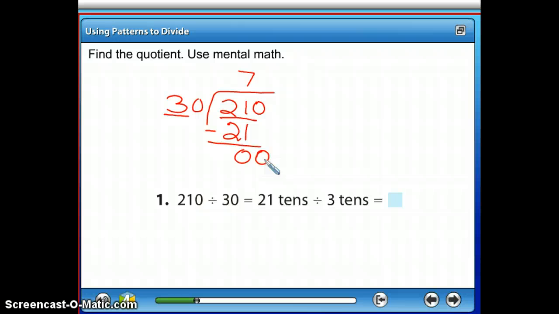Can 30 go into 0? No. But we took 3 into 21, but we took 30 into 210, so we have 0 left over, and we don't have any more to bring down. Do you see that this helped us know how many times 30 would go into 210? We knew that 3 would go into 21, so really, I should fix this.